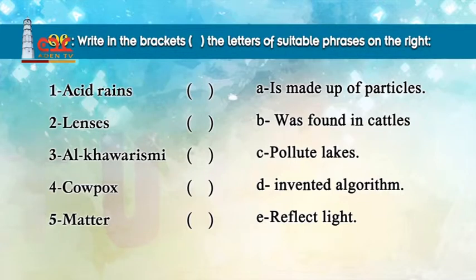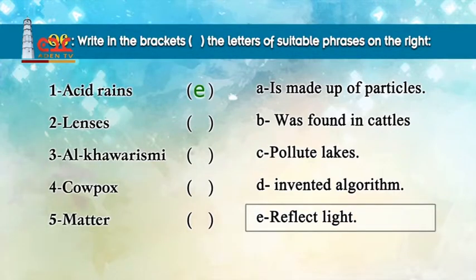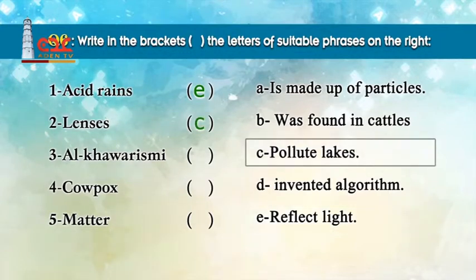Now we answer these questions. How do we choose the correct answer or match? Number 1, acid rains, the letter E, refract light. Number 2, lenses, the letter C, polluted lakes.